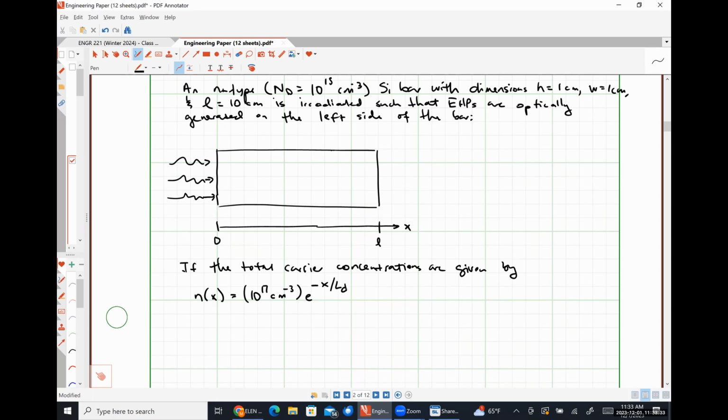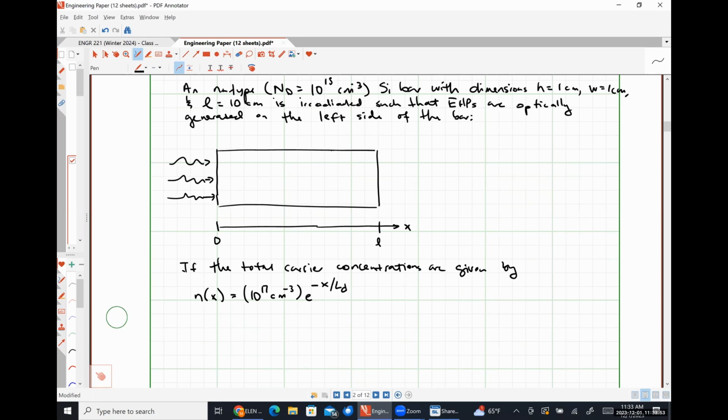We'll talk about what this means. LD is going to be the diffusion length for these electrons. So this is the average distance that they travel before recombining with a wandering hole.